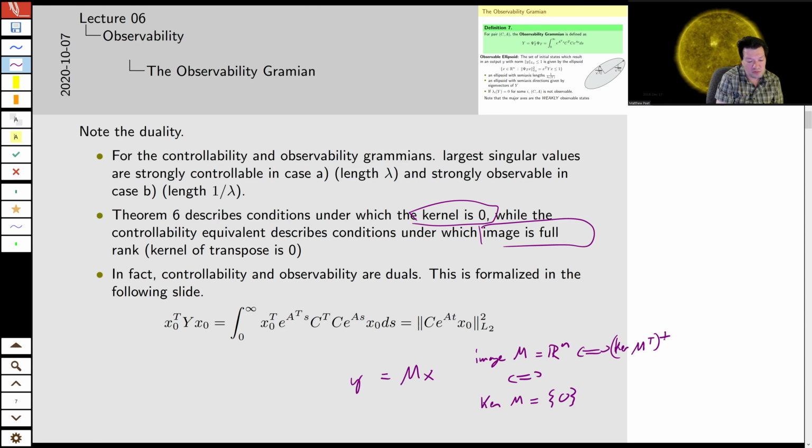We'll talk about perp spaces in a bit more detail later. So basically there's no left kernel, I guess you could say. That means there's no y such that y transpose M equals 0.